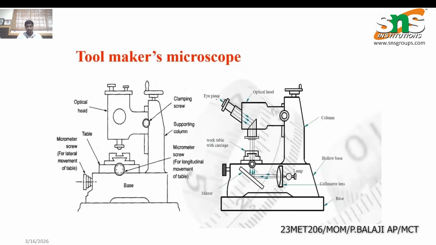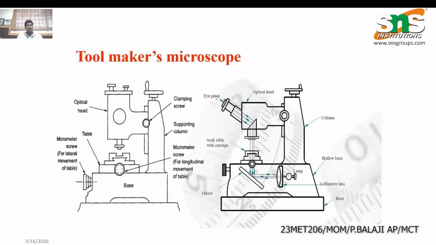We have some mechanical parts available. In the base we have a fixture to hold our threads, and you can see a micrometer screw roller.